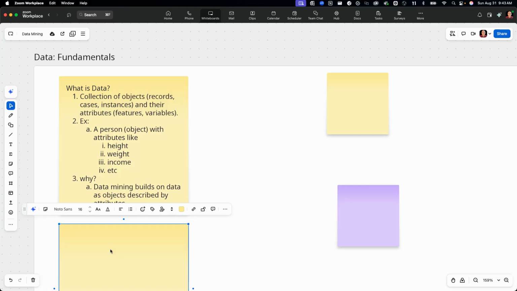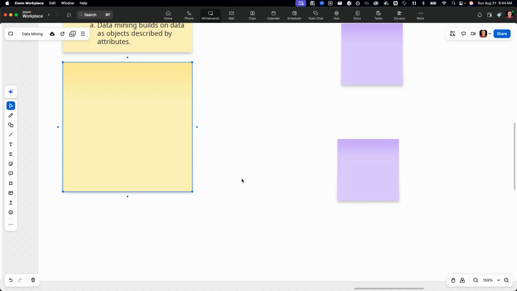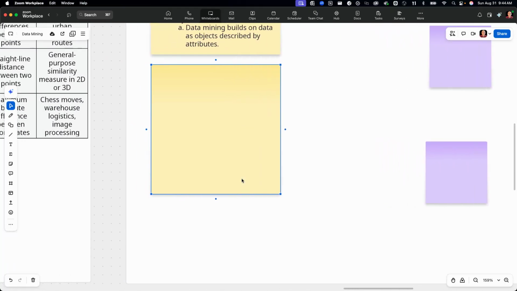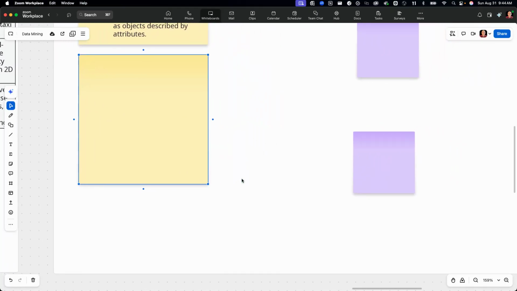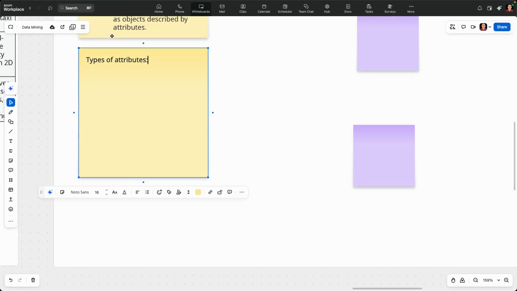So let's talk about types of attributes.